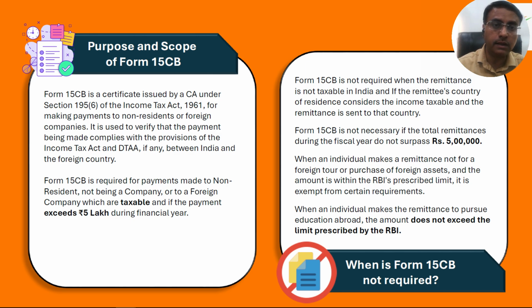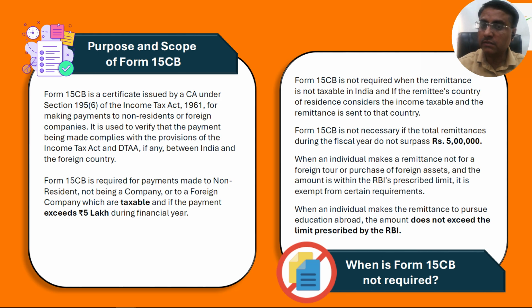It is also not required if the remittance does not exceed 5 lakh. When an individual makes a remittance not for the purpose of a foreign tour or foreign asset, then Form 15CB is not required. There must be a purpose code in Form 15CB, and there are 33 categories RBI has released for which Form 15CB is not required.